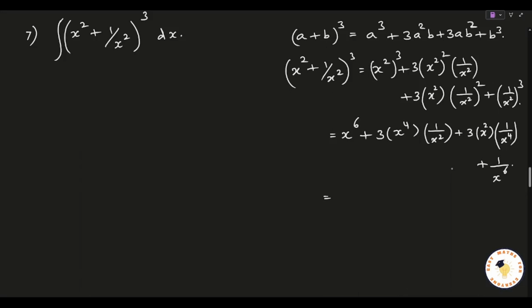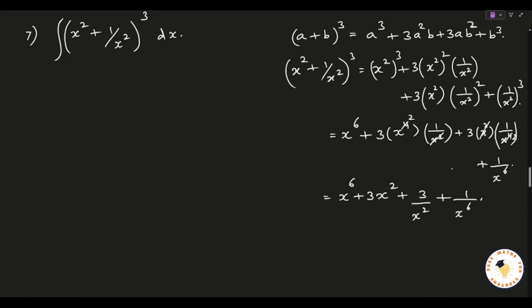Further simplifying this, we get x power 6 plus we can cancel 2x terms here. So we will be left with 3x square plus here also we can cancel 2x terms. So there will be x square in the denominator, 3 by x square plus 1 by x power 6.